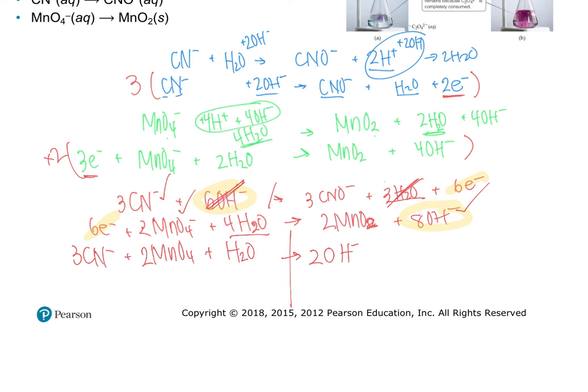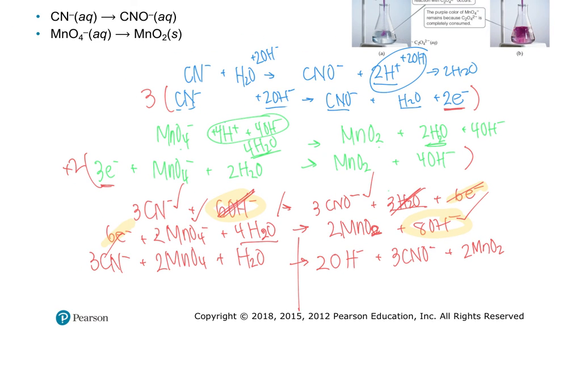Now my hydroxide is done, the electrons are done, so I have 3 of this cyanide oxyion, and 2 permanganate, or manganese oxides. Okay, and that's it. So, I know, many steps, but this is our end result.